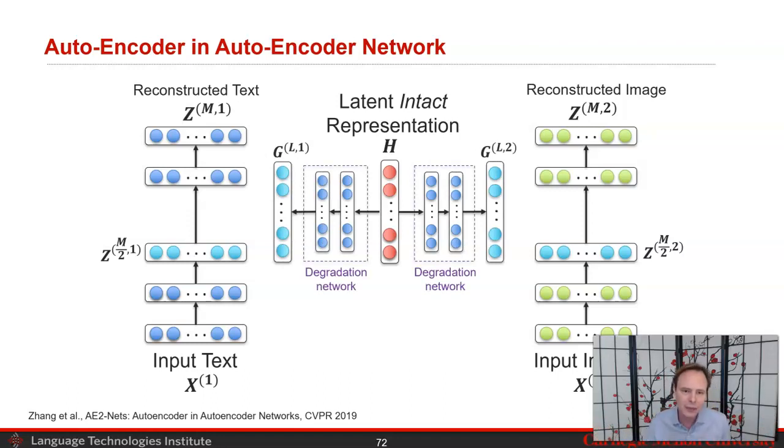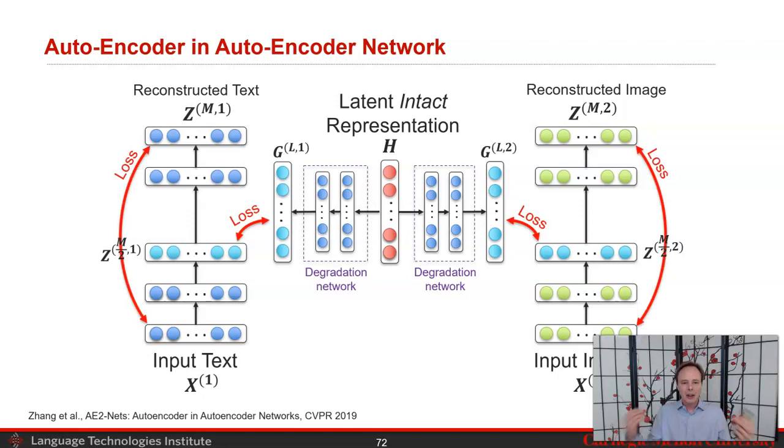You degrade it for the language or degrade it for the text. And so again, you have the reconstruction loss, and you have the loss of how well the intermediate representation matches this intact representation. So that gives you an example of coordination.